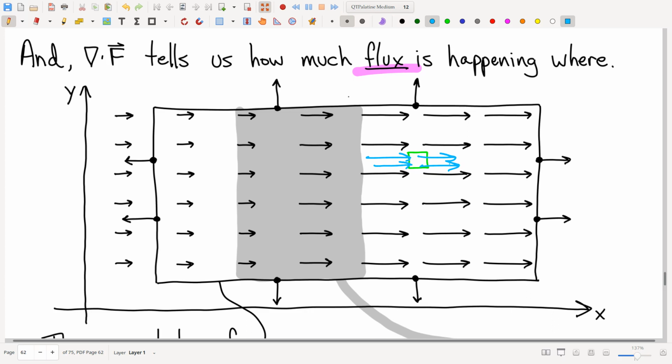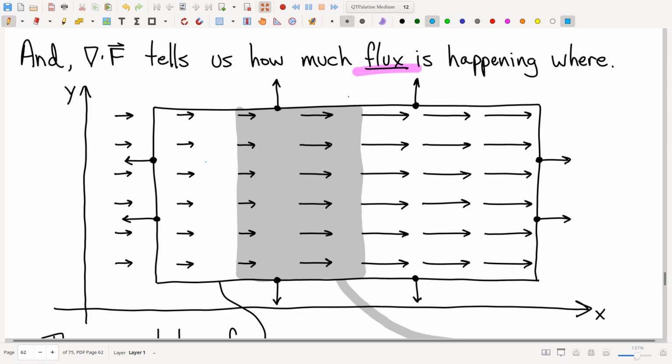Divergence is 0 over here. Looking over here, there's less inward flux, less outward flux, but again, same amounts. And so, again, net flux, total boundary flux there on that little green region, again, 0. No flux. No divergence.